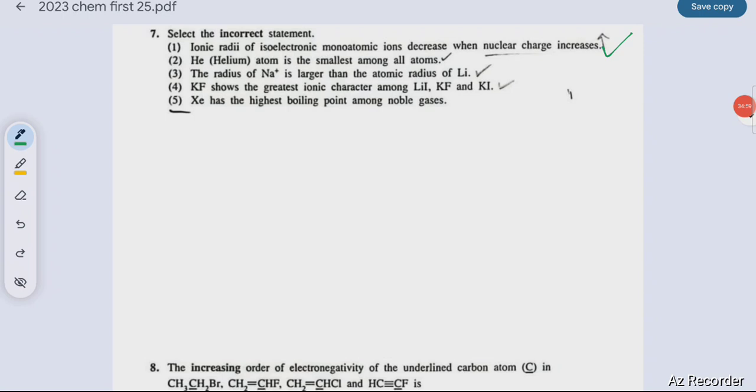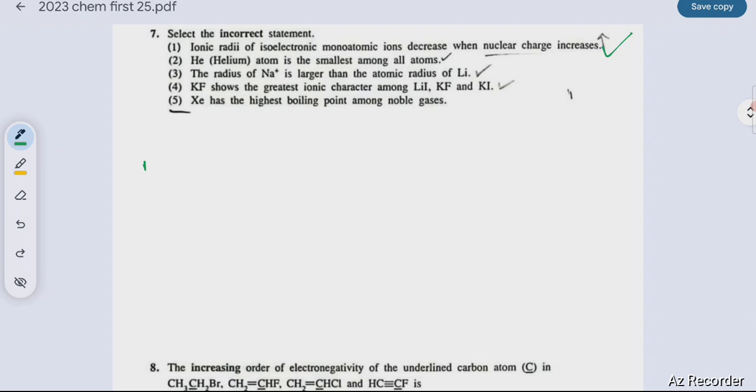Why? When the nuclear charge increases, what happens? The number of protons is increased, right? The nuclear charge is due to the charge of protons. So here the number of protons is higher, so it has more positive charge.